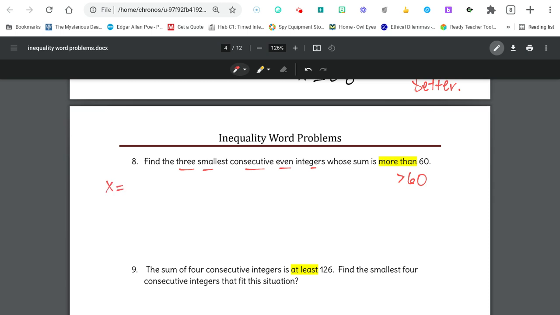So x is going to be the first even one. x plus 2, remember consecutive even and consecutive odd count out by 2s. That's the second even. And x plus 4 is the third even.